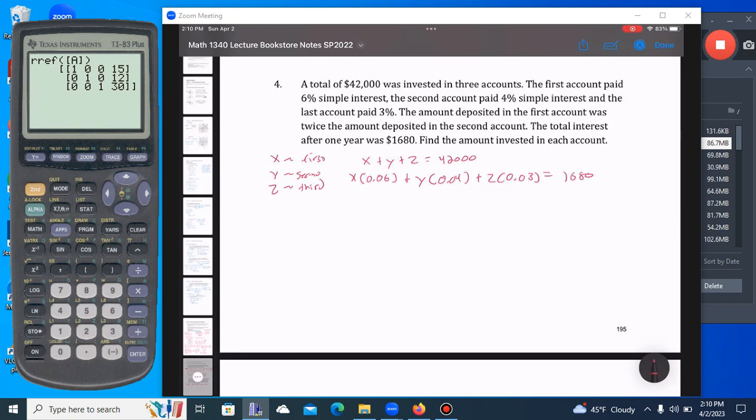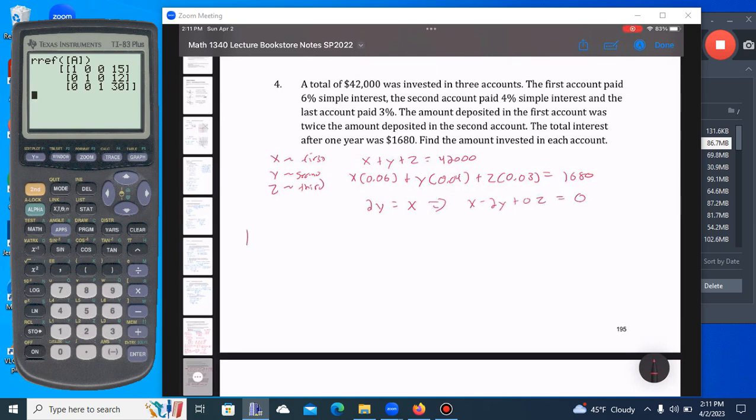And then the last equation we're going to need: the amount deposited in the first account was twice the amount deposited in the second account. So 2 times Y equals X. Okay. The first two are set up pretty much like we need them. This third one, we'll have to adjust. So that's going to be X minus 2Y plus 0Z equals 0.